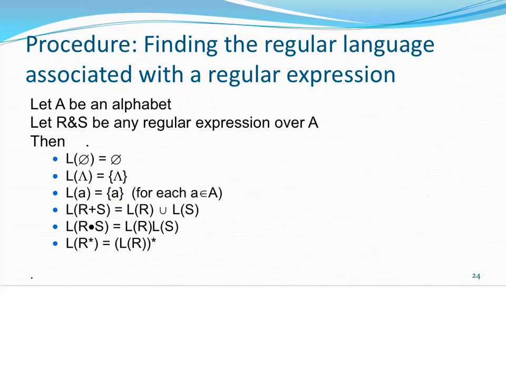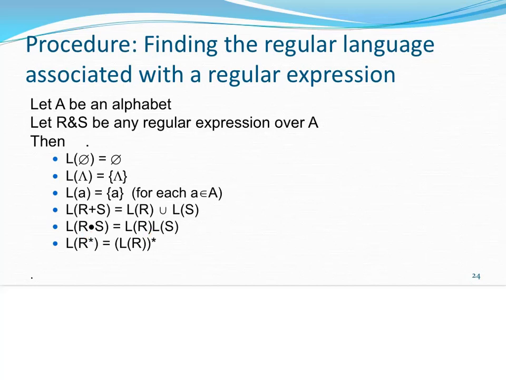If you happen to have two regular expressions that you add together, what's the language of those two regular expressions added together? Well, it's the union of whatever language you get by just looking at the individual pieces. And this is where I said plus corresponds to union. Similarly, I said dot corresponds to concatenation.